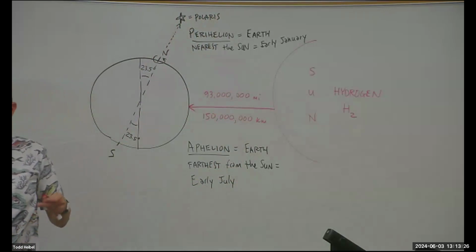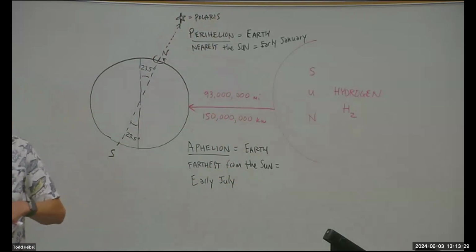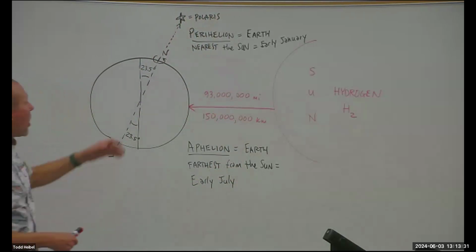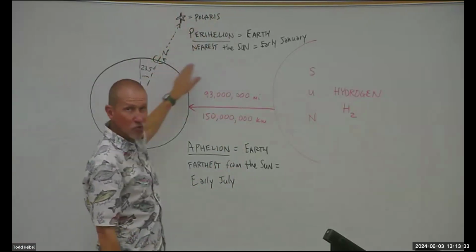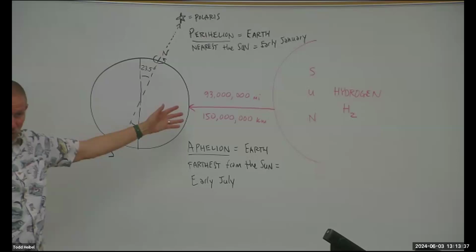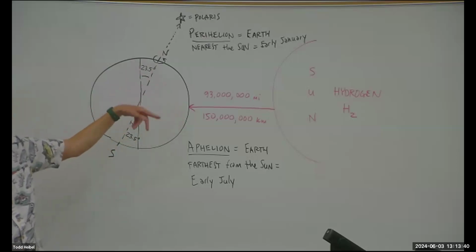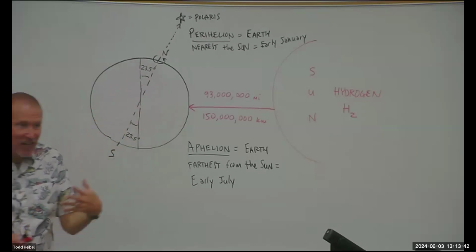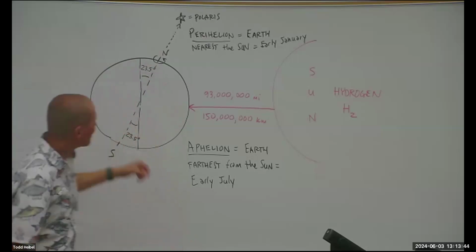In the night sky, all the stars appear to rotate around Polaris. What's really happening is we are the ones rotating around our own axis because we're all captives and prisoners on planet Earth, right?